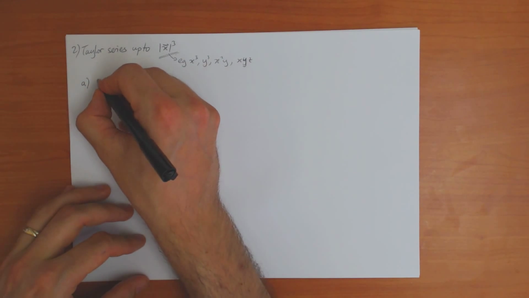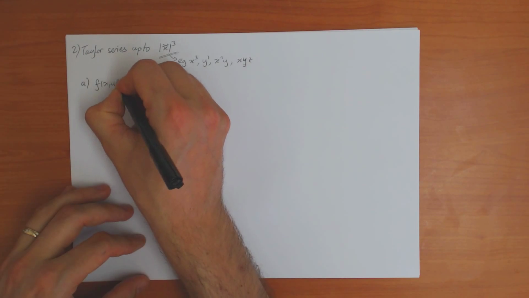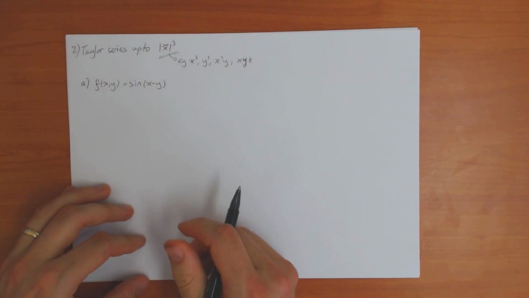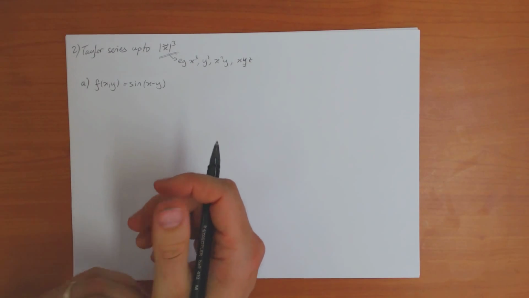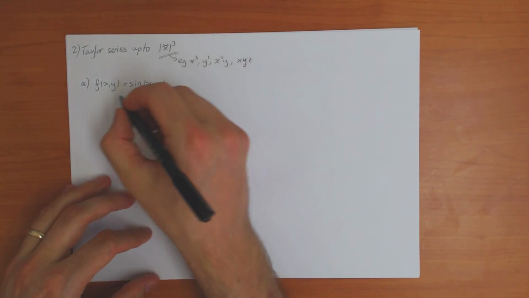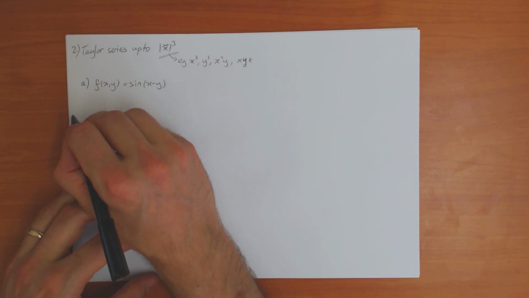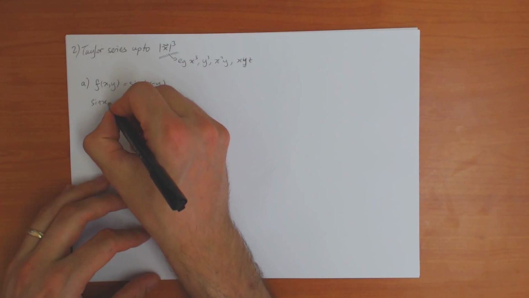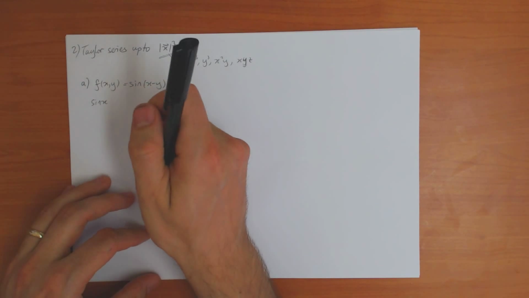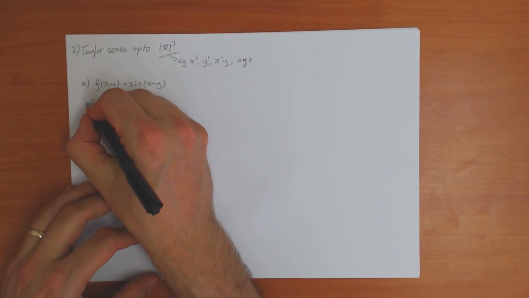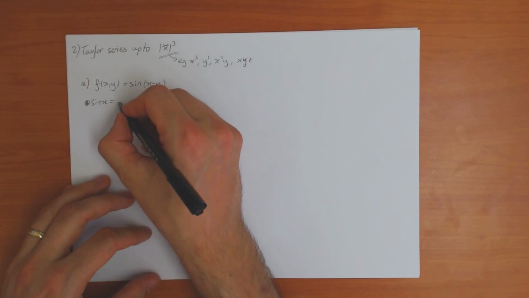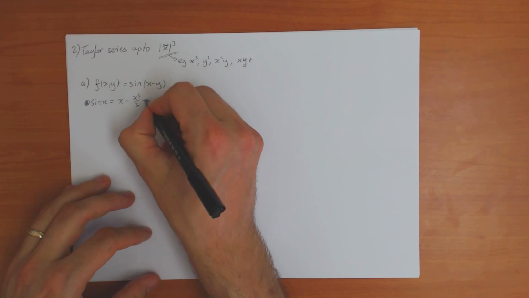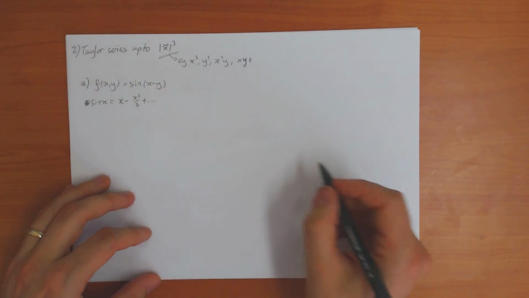So the first one is f of xy is sine of x minus y. So that's quite easy because you should know that the Taylor series of sine x is equal to x minus x cubed over 3 factorial, and that's all you have to do because you only have got to x cubed.